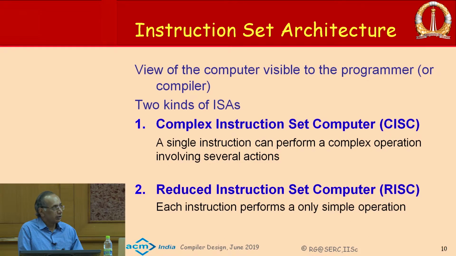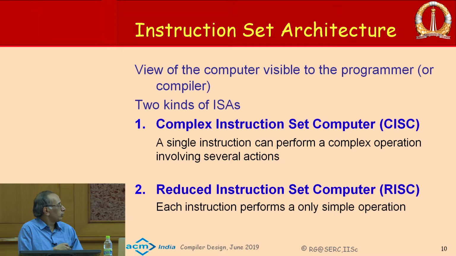The other operand should be in a register, and you have fewer registers in the complex instruction set architecture. You have more registers in the reduced instruction set architecture, but fewer instructions in the complex one, and therefore there also it is very important that the registers are judiciously used. So, register allocation is essential and important in both of these architectures.